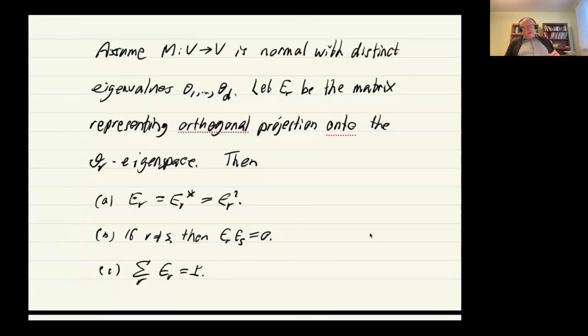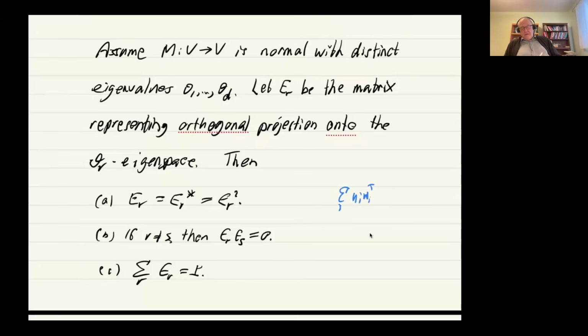Since E_r is a projection onto the theta r eigenspace, I could compute it by finding an orthonormal basis u_1 through u_m for the eigenspace, and then taking the sum of u_i u_i star. That sum is the projection onto the eigenspace, so we can compute it.